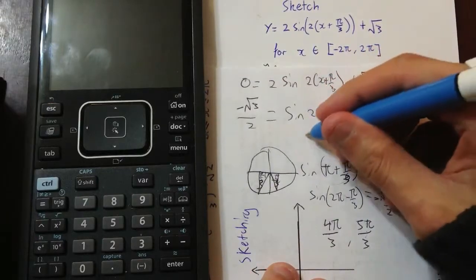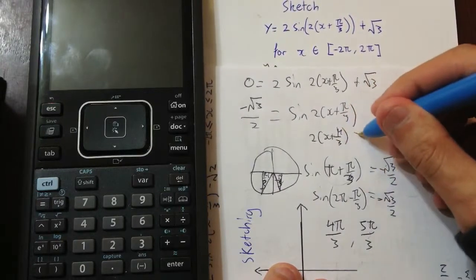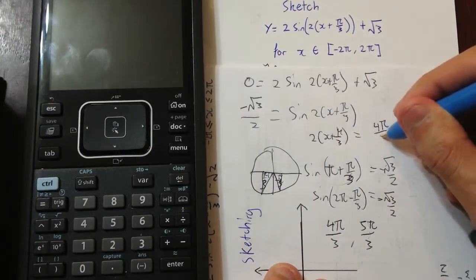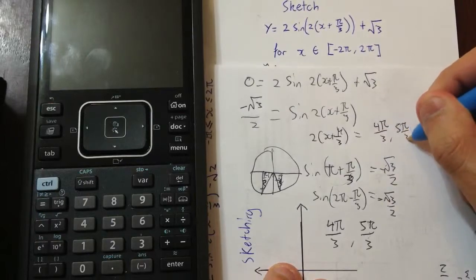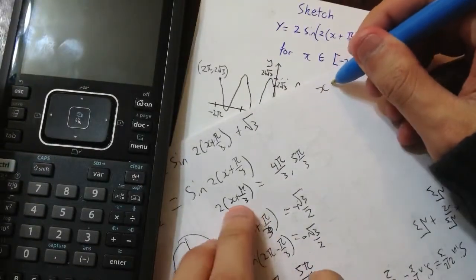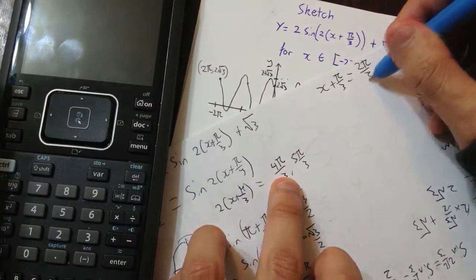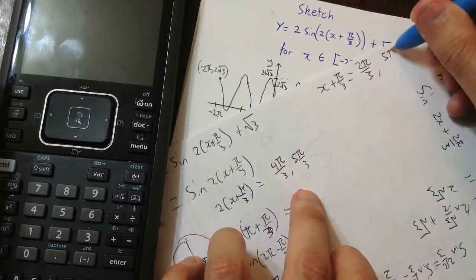That means 2x plus pi on 3 equals 4 pi on 3, 5 pi on 3. I need more space to do this. Therefore, I'll take the 2 across. x plus pi on 3 equals 2 pi on 3, 5 pi on 6.